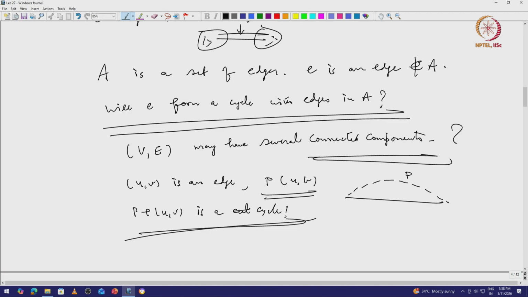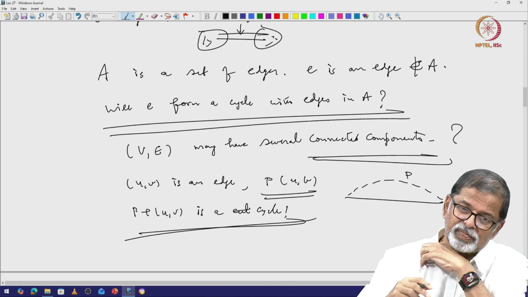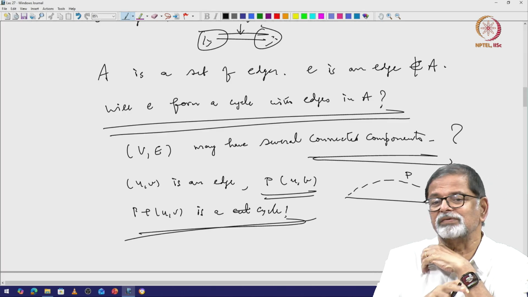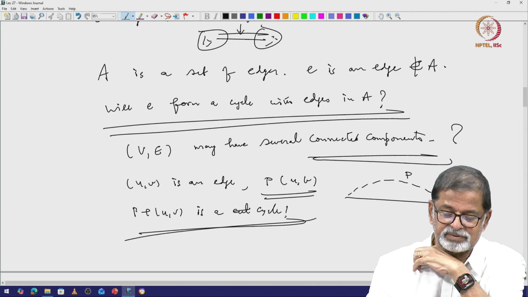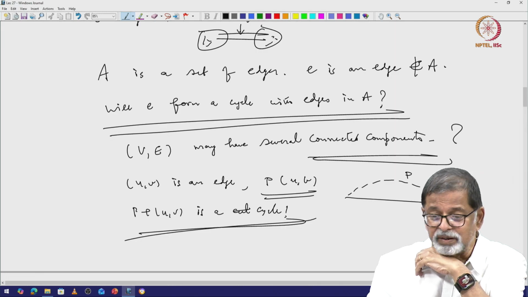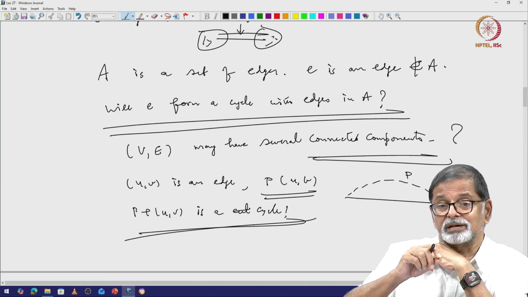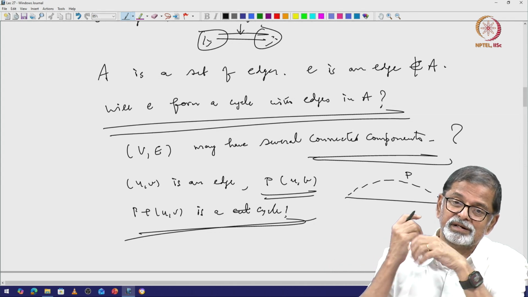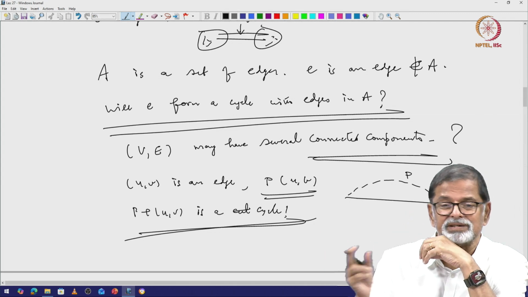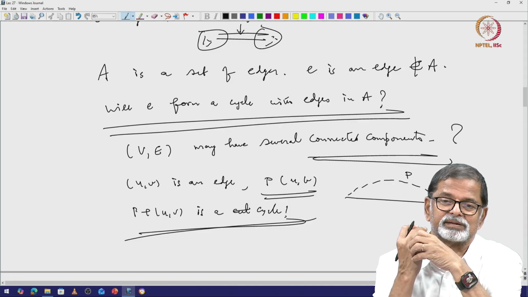Now, such a path should exist in A. If that is the case, then adding UV to A will form a cycle. That means this path, providing the connectivity, all the vertices and edges must be in the same component.